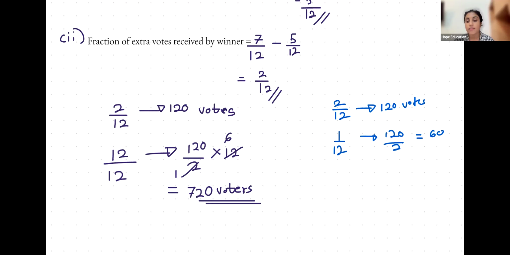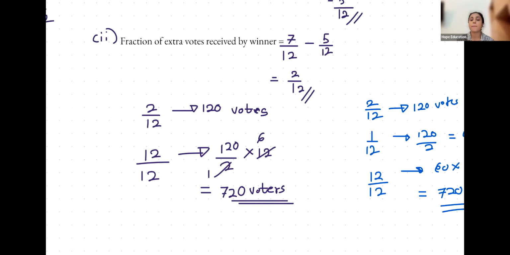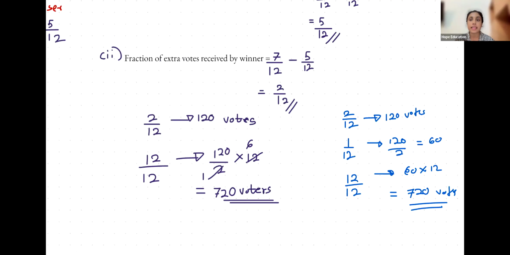Then I have to find for 12/12, so this 60 I multiply by 12. I showed both in one step here. So 6 times 12 is 72. So that is 720 voters. As 3 steps, it's like this. As 2 steps, it's like this. So this is the total number of voters. Is it clear? Thumbs up, please.